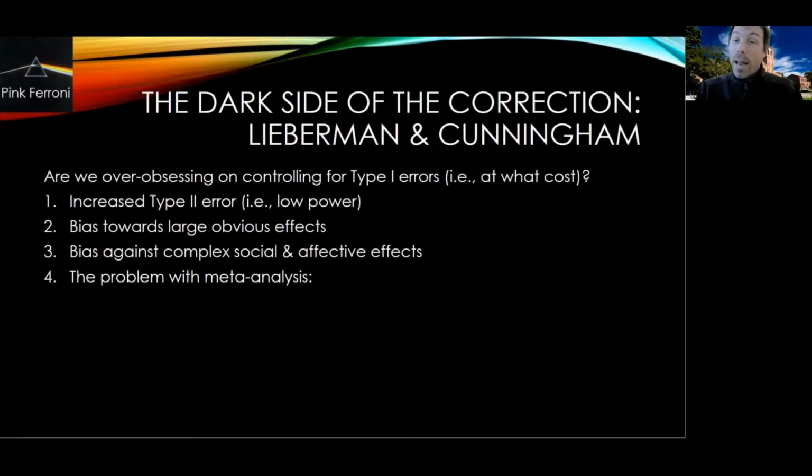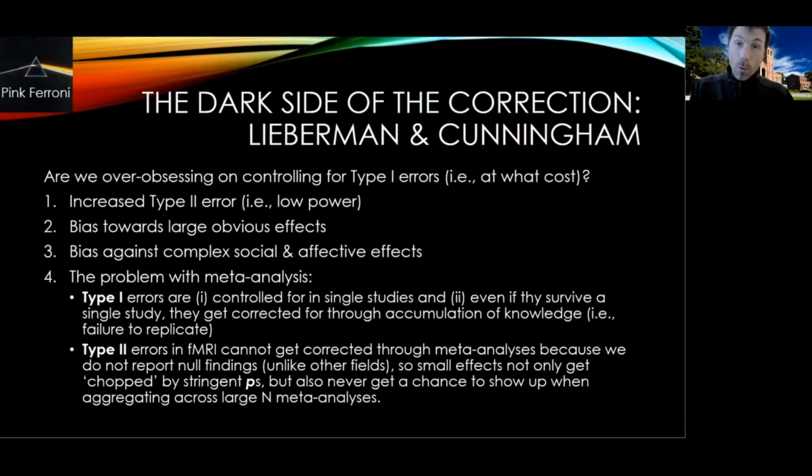And finally, and this is, to me, one of the most powerful points of their argument, there's a problem with meta-analysis. See, we all say, oh, let's just do meta-analysis and that will sort out the true effects from the non-true effects. Well, this works well for type 1 errors. Because type 1 errors are what we control in our studies. We don't control type 2 errors, meaning we set out to control the type 1 error.